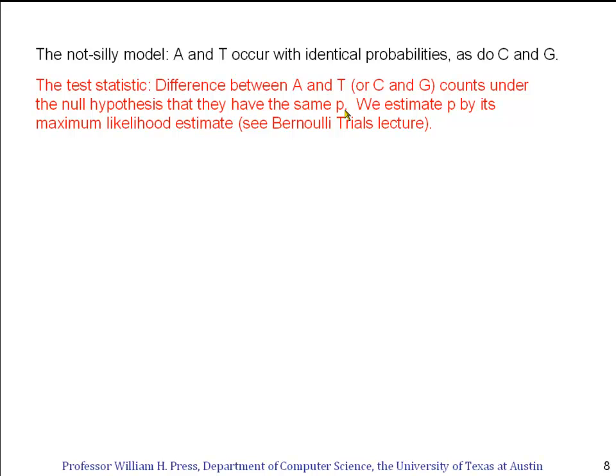In the previous model, we knew by symmetry that it had to be 1/4. But here it's a parameter in the model. And frequentists estimate parameters typically by maximum likelihood estimates, and we're going to do that here. Go back to the lecture on Bernoulli trials to see what the maximum likelihood estimate of a probability P is in this case of binomially IID distributed values. So here are those maximum likelihood estimates.